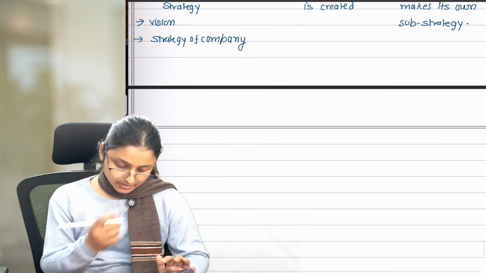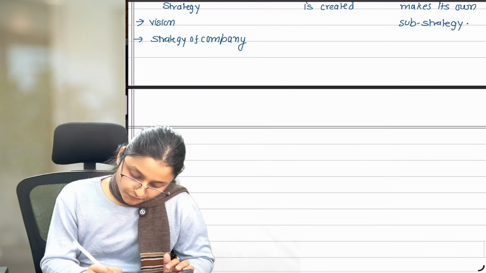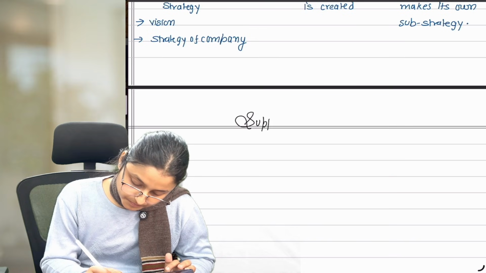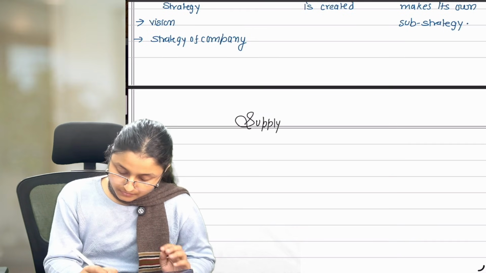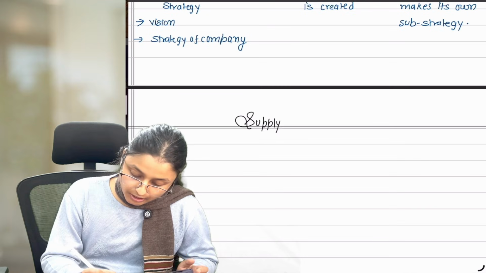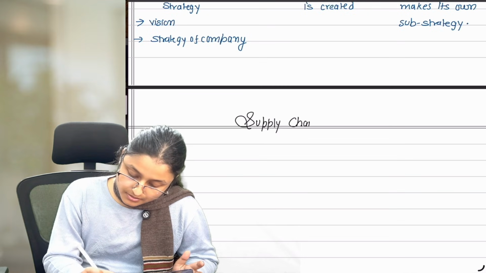Done. Next, supply chain strategy focuses on three things. What are the three things? People, processes, and systems.